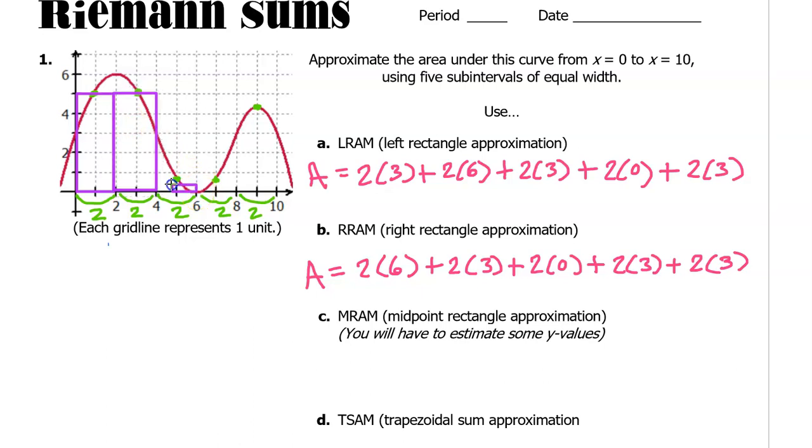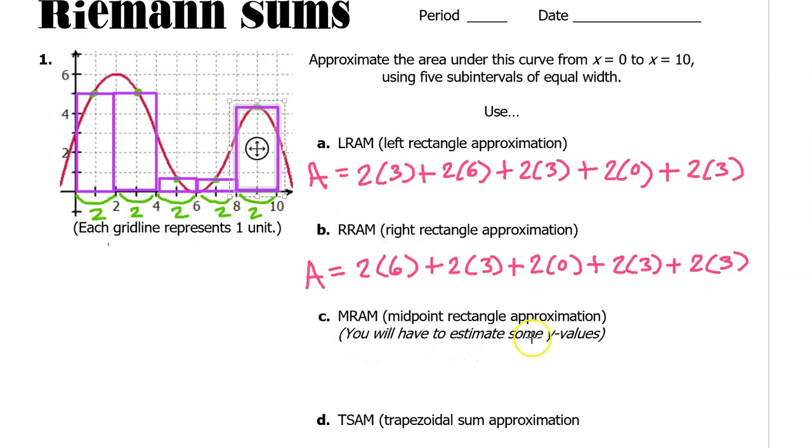And my third little baby rectangle comes up to here. My fourth one is doing the same type of thing. Those will be at the same height. And my fifth rectangle. All right, it's all about the midpoints, the value of the function at each midpoint.